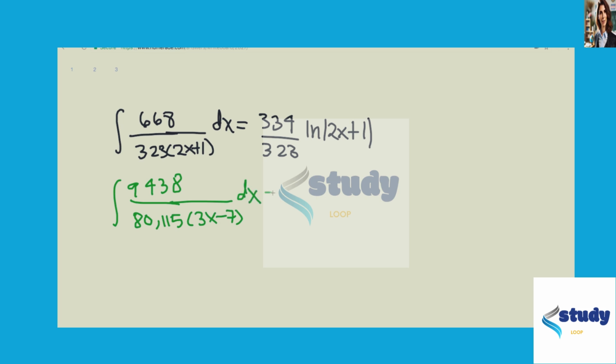So go ahead and do u sub here as well. U equals 3x minus 7. You get 3146, 8011155, natural log 3x minus 7.